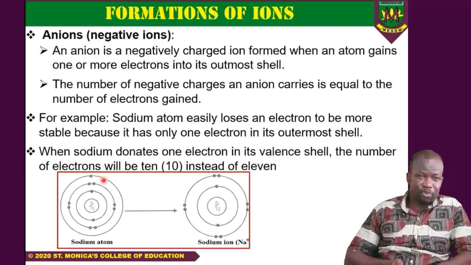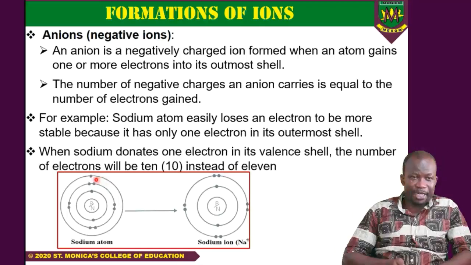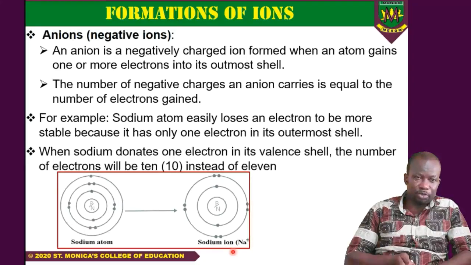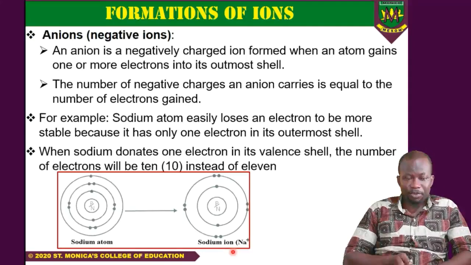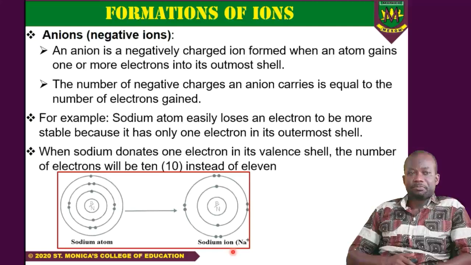And when it loses that 1 electron, this electron and that shell will go off. So it will be left with 1, 2 shells. These are the ones you see there, with the first one closer to the nucleus having 2 electrons, and then the next shell also making up 8. And so that is how the sodium ion is formed.